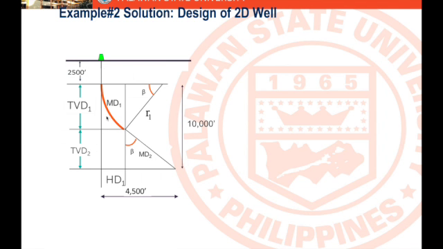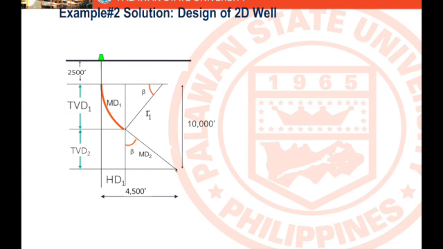So as you can see here, you will have a build from your kickoff point. You will build your angle, and then at some point, you will stop building your angle. That's the end of build, and then you will just hold. You will drill straight up to our target.